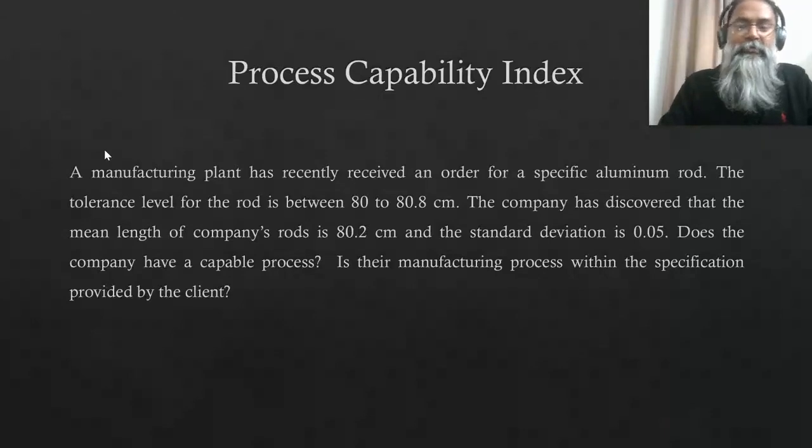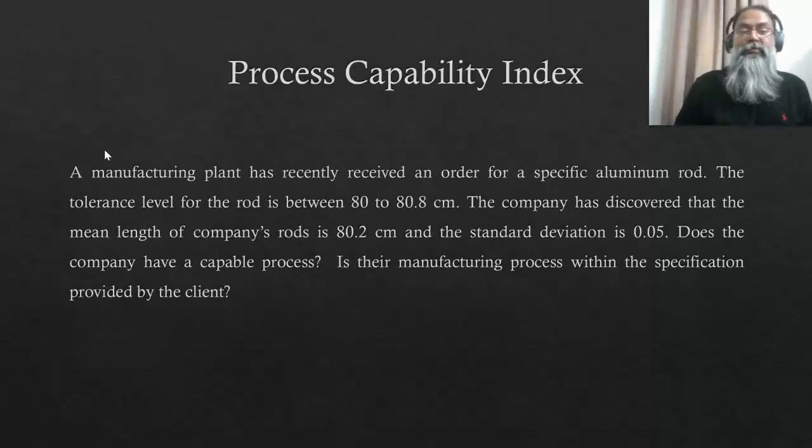The company has discovered that the mean length of the company's rod is 8.2 centimeter and the standard deviation is 0.05. Does the company have a capable process? Is their manufacturing process within the specification provided by the client? So we have to answer this question.